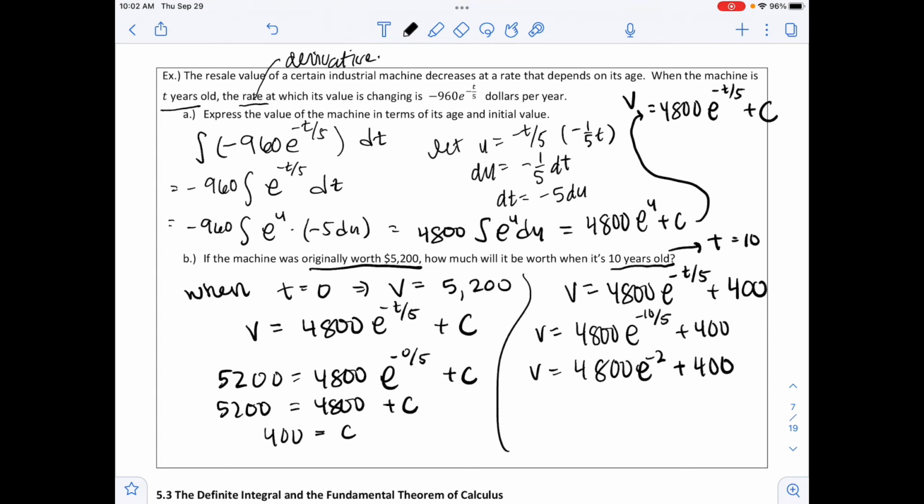From here I would substitute this into my calculator, solve this, and round to 2 decimal places since we are dealing with money. And so when you work this out, we get 1,049.61. So the dollar amount that it will be worth when it's 10 years old is going to be $1,049.61.